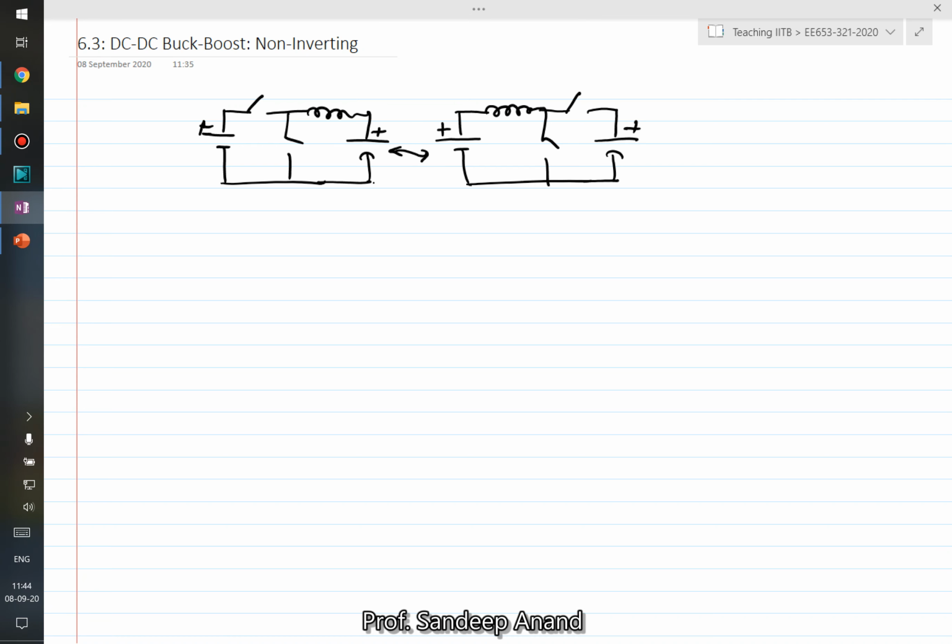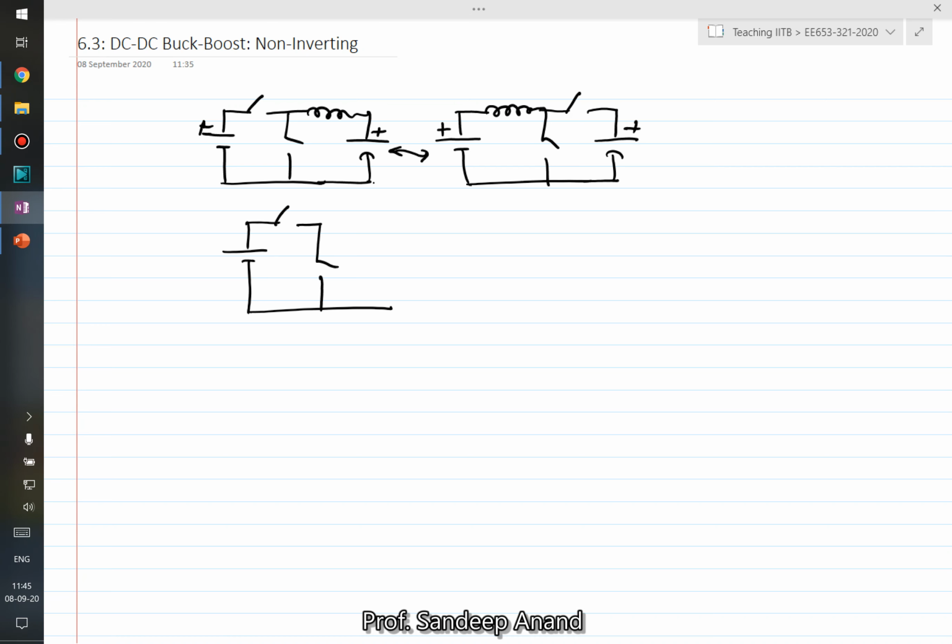Then it becomes a cascaded circuit, which can do both buck and boost, because one can do buck and the other can do boost. So you can adjust the duty cycle of both of them individually to do both buck and boost. That is the basic idea. With that, if we continue, we can redraw the circuit as this.